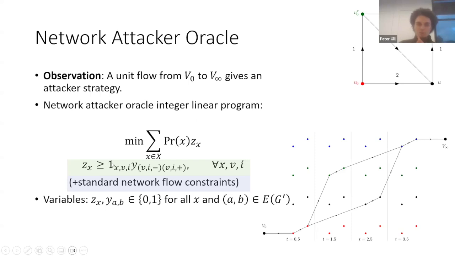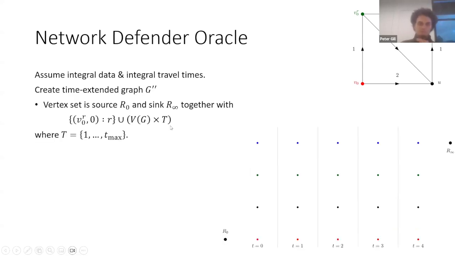So because of that, we do need this constraint here. We do need to not treat it as a shortest path problem, but instead as an explicit constraint like over here. And so this one variable is the obvious indicator variable if under strategy X, there is a resource on node V at time I. So that's my network attacker oracle as a linear program.